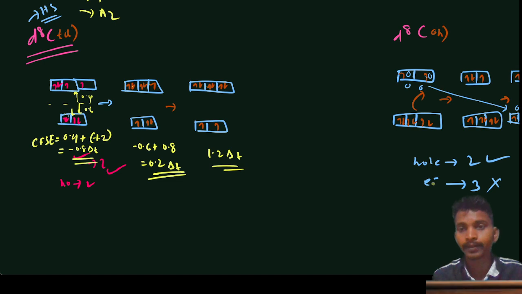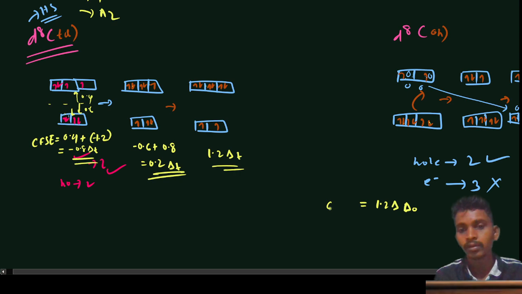And for this case we will look here, and what are the values? 1, 2 and this all are there, so this 3 is left here, and for this 3 that is 1.2 delta naught, because this is for octahedral. CFSE.